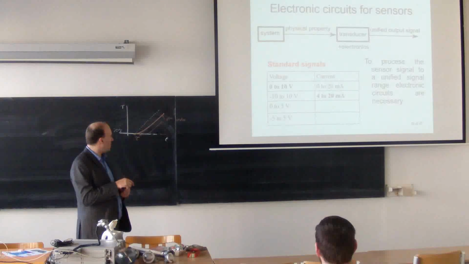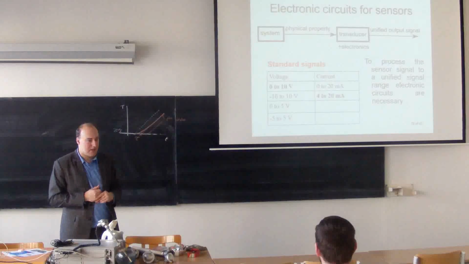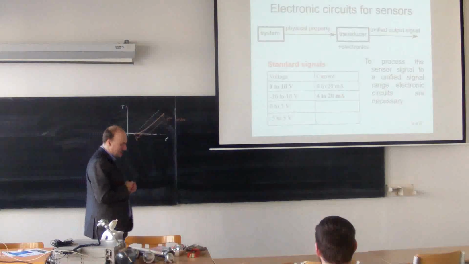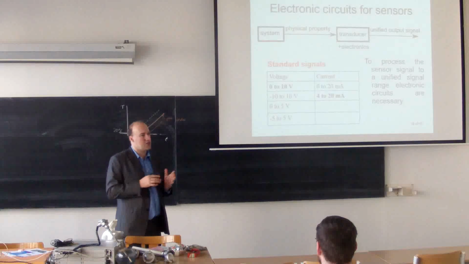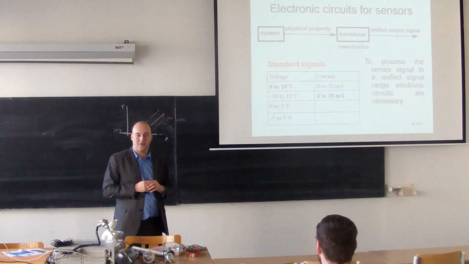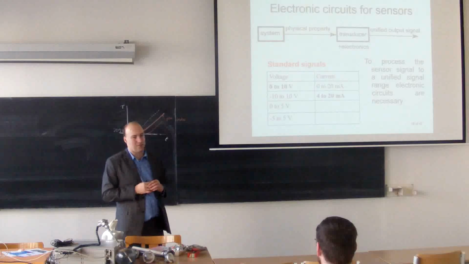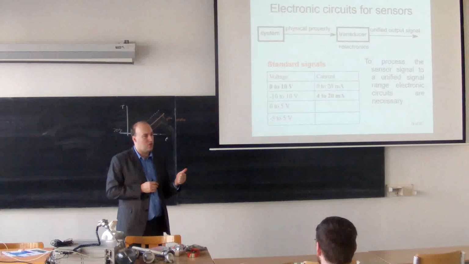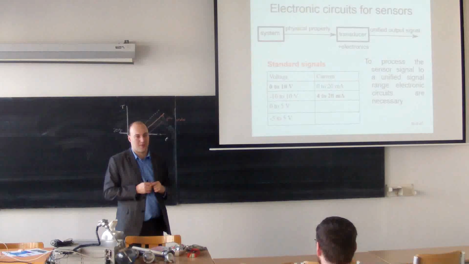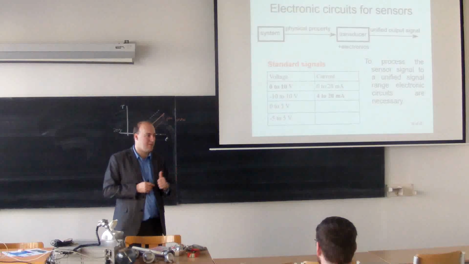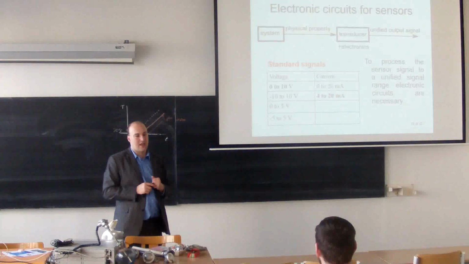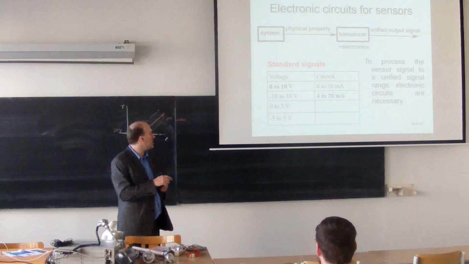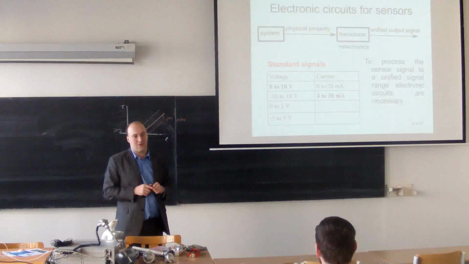If you take a look at this table, we'll start with the voltage signal. How does it work? Let's say I know the range of my sensor. Let's assume I have a simple sensor for temperature that will be measuring from 0 to 100 centigrades. And I will say if temperature is 0, voltage will be 0 volts. If temperature is 100 centigrades, voltage will be 10 volts.